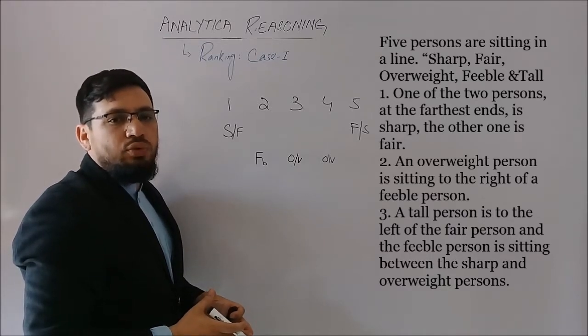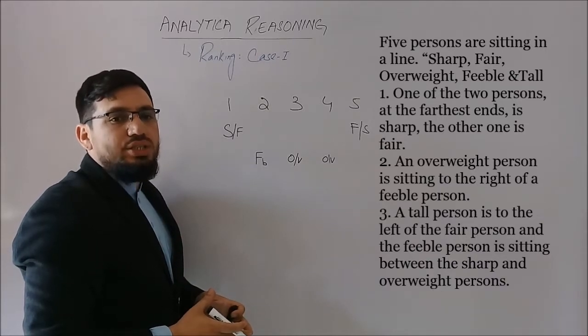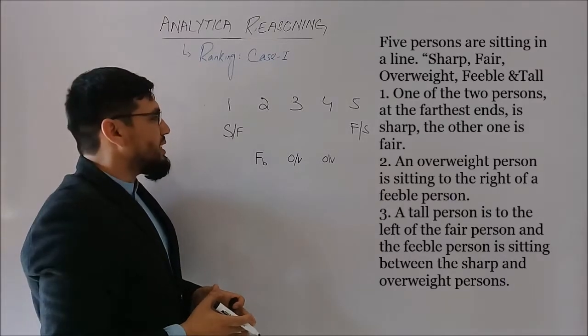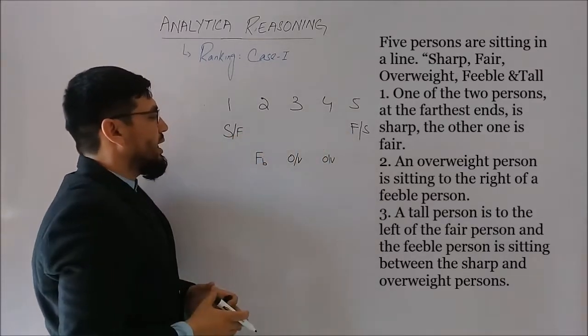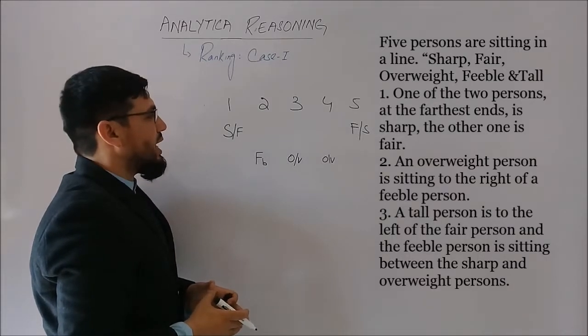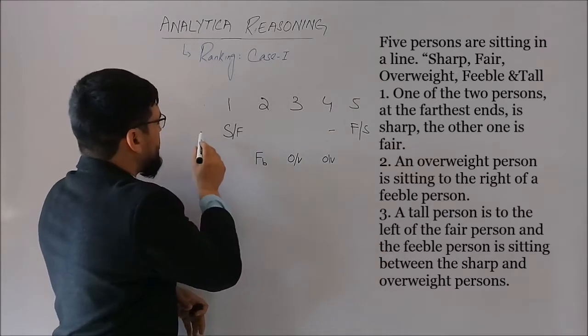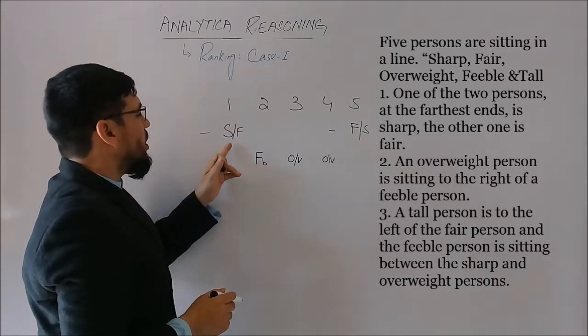The third available information about this arrangement is that the tall person is to the left of the fair person. If we match this information to the first information given to us, the left side of the fair could be over here, but there is no left of the fair if he is sitting on this position.